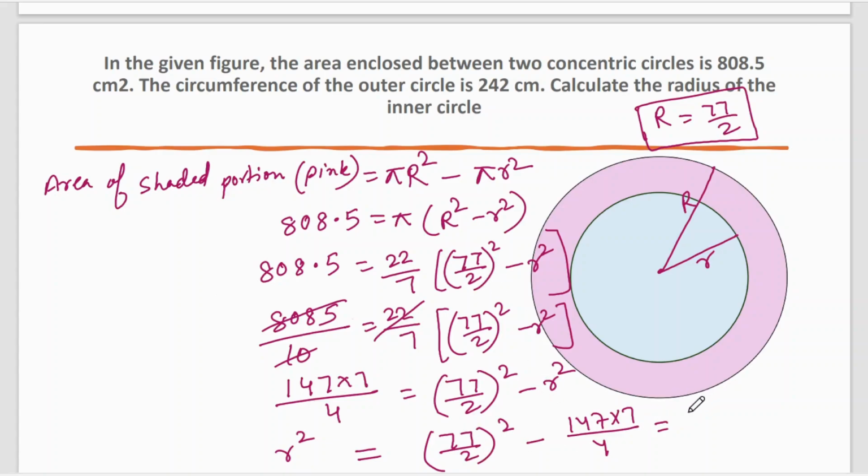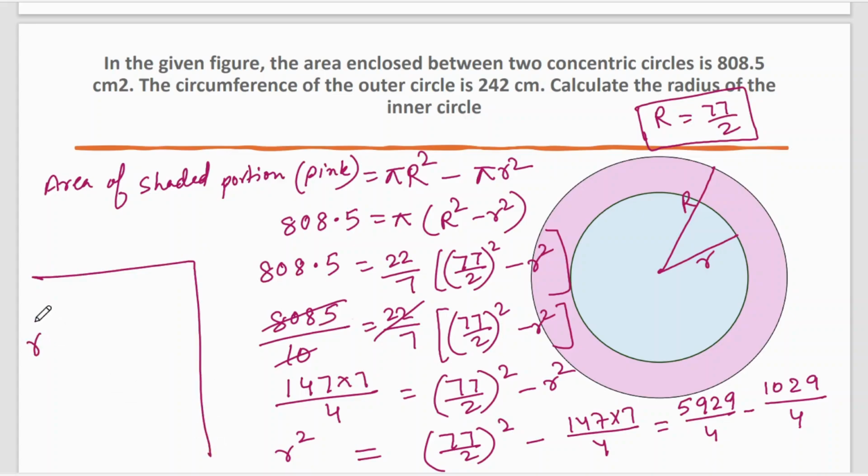77 by 2, that means what is the square of 77? That you can write 5929 by 4 minus 147 into 7, you will get 1029 by 4. So take the LCM. I'm writing here. Okay.